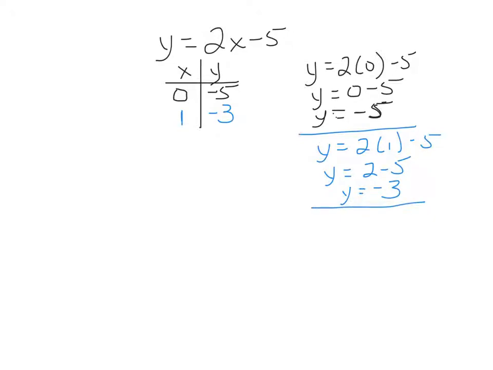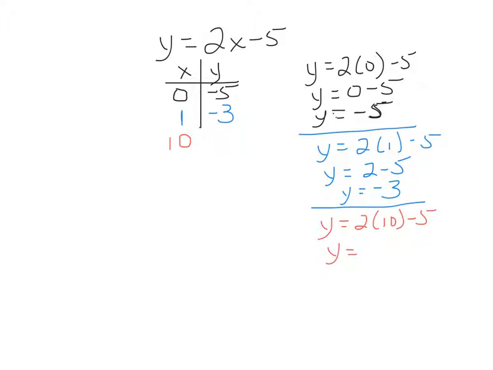Let me do one more, and this time I am going to pick something else. If I let x equal 10, then I am going to put in y is equal to 2 times 10 minus 5. And I'm going to solve this.